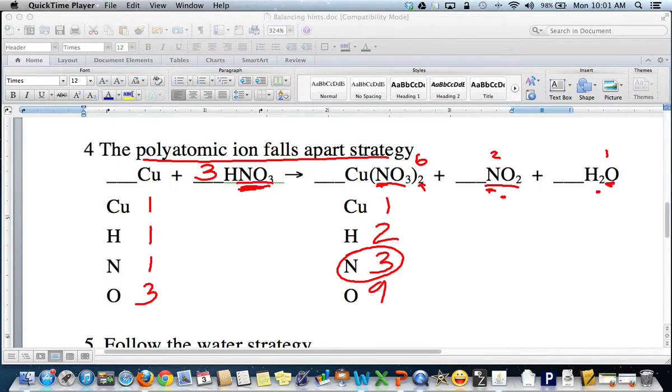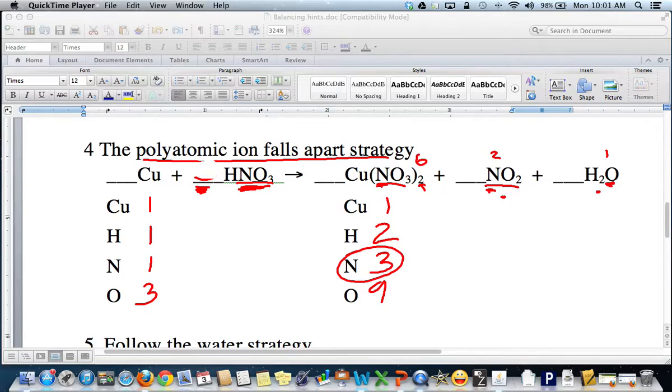So what am I going to do about that? Share it with something. I need to add more stuff. What's probably the only thing I can add that's going to make sense here? Maybe 3 wasn't enough. Maybe I should change that to what?